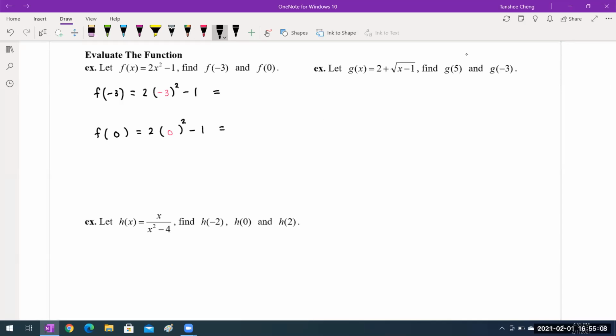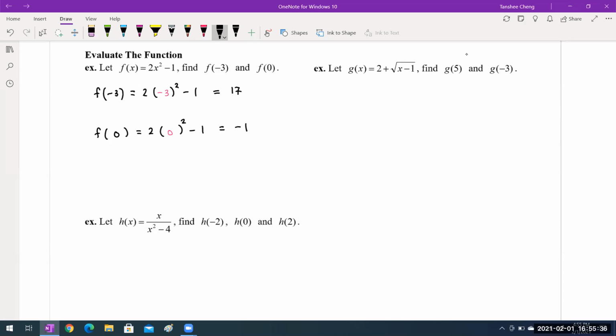When we substitute -3 into the formula and evaluate it, you can use a calculator or mental math, and this will give you 17. When you substitute 0 into the function formula, you will get -1. So this is evaluating a polynomial function.